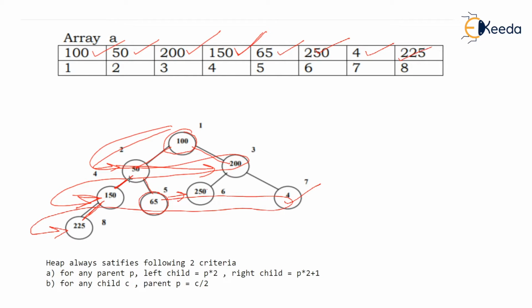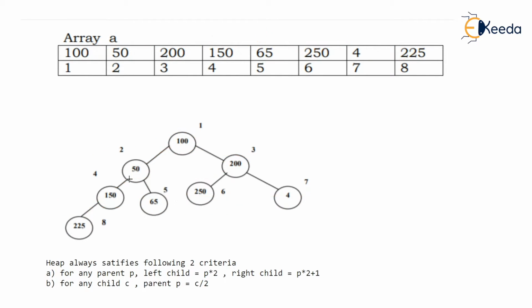Just as one more example, suppose we had an array like this, which had values 10, 12, 5, 17, 14, 4, and these are the location numbers. Then this array A can be represented as a binary tree, but this is not a binary search tree.